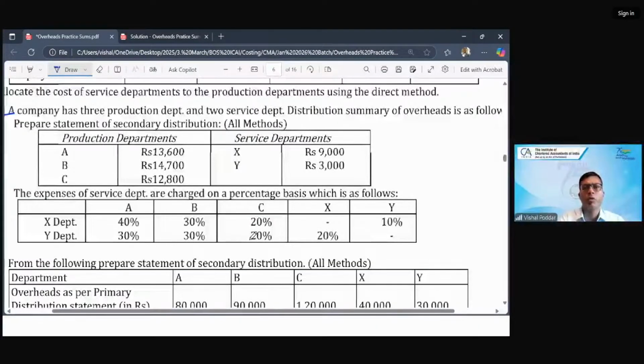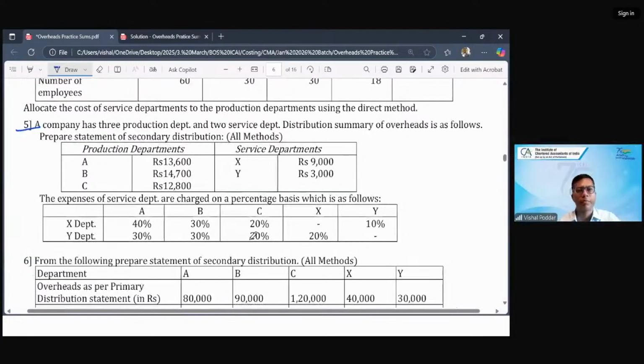Now, since we are only solving sums on secondary, and in exams also, there is a possibility of having sums only on secondary, it means primary would have already been done because without primary, you cannot do secondary, right? There is one type of sum in the exams where only secondary is required. Now, in such sums, primary is already done. So see what the data is saying. A company has three production departments, two service departments, right?